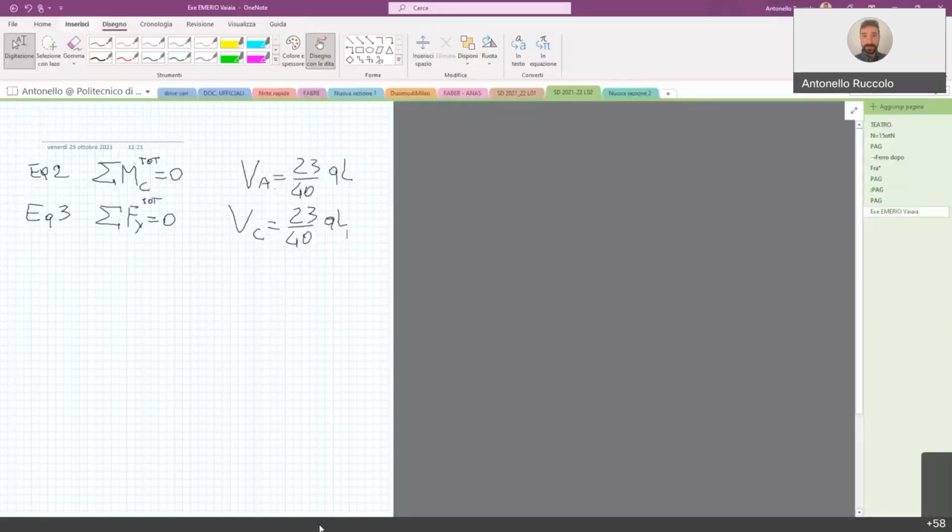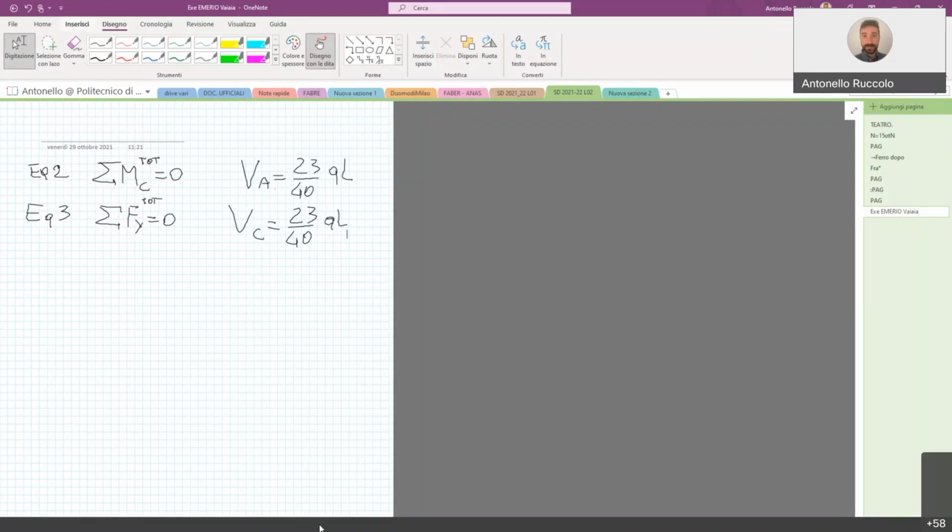Sorry, but I did this example for the last week, even if I could not do it in class. So I was quite surprised that they ended up being equal, but they are equal. And so now we can compute the equilibrium equation, the internal forces, pardon, with respect to this beam.